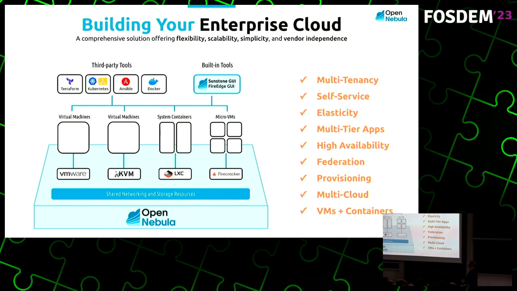You can have multi-tenancy and self-service, so you can provide resources on these different virtualization technologies. We have a graphical user interface where you can manage all your resources across this continuum, and we have also integrated different third-party tools, going from Terraform to Ansible to Kubernetes and so on.